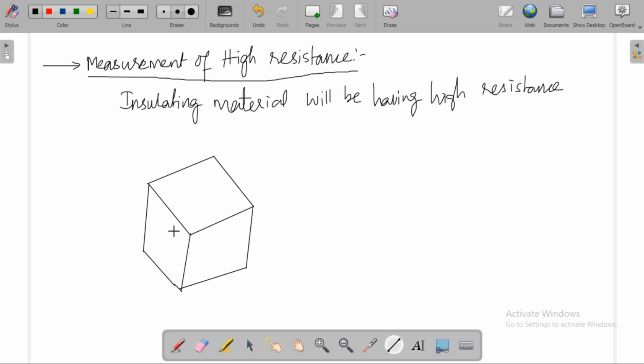Now in order to measure the resistance of this insulating material, let me apply voltage.